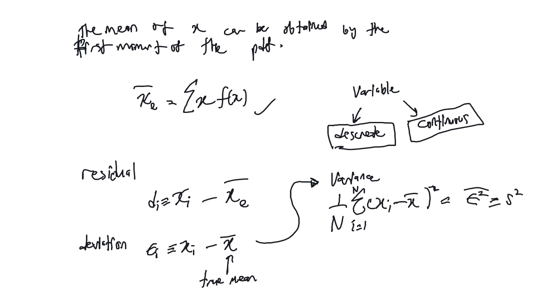The definition of variance is the mean of squared deviation. The squared deviation is divided by n, so it becomes a mean. And this can be mathematically proven.